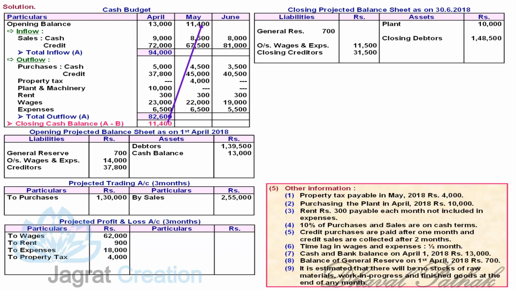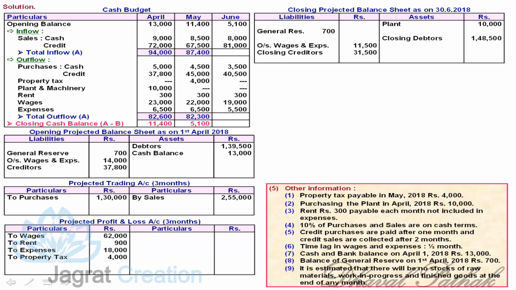That becomes the opening balance in May. Opening balance of May plus cash inflow of May. So total of these three items works out to be 87,400. This is a total payment in May. So if you make a total of this cash outflow for May, it works out to be 82,300. So 87,400 minus 82,300. This is the closing cash balance. That becomes the opening cash balance for June.